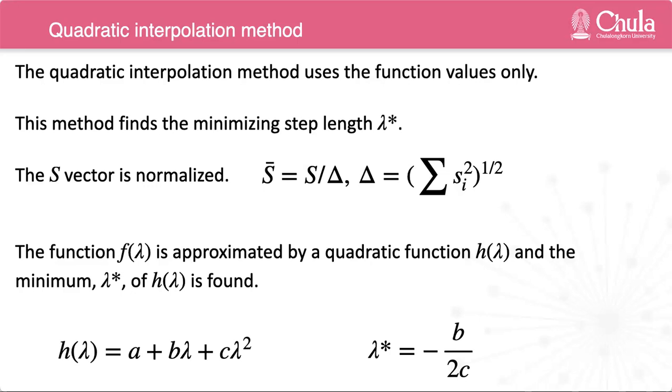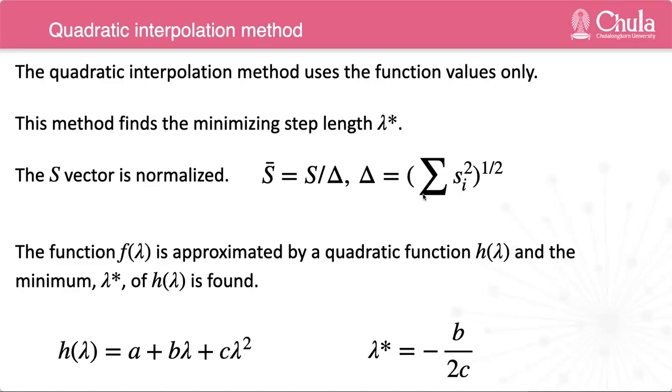And you know, a quadratic function is unimodal, of course. The good thing about approximating the objective function as a quadratic function is that we know exactly the minimum point of a quadratic function.